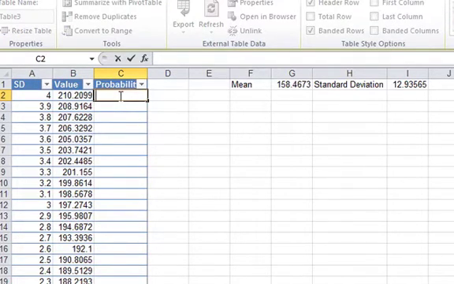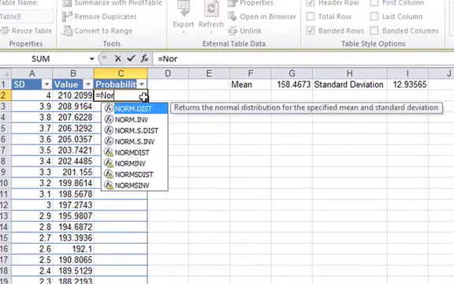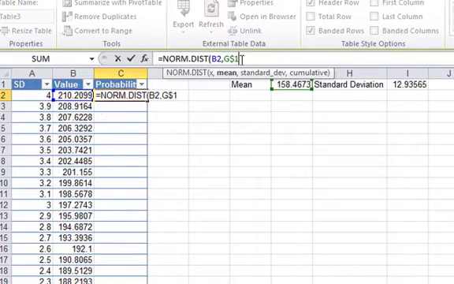So we're going to put in equals NORM.DIST. We're going to choose our value, our mean, and we want that to be a global reference. We want our standard deviation, which is in cell I1, and again, I want that to be a global reference.